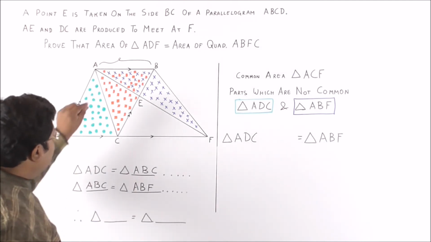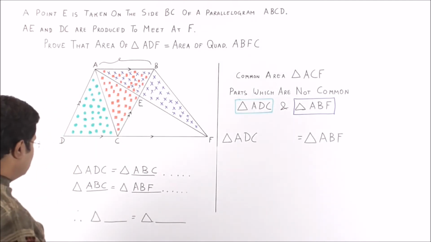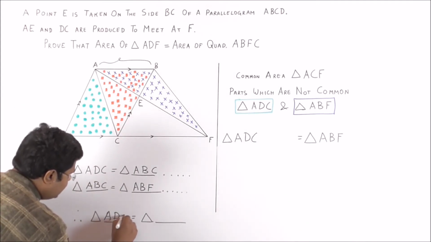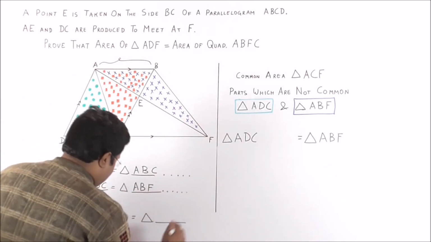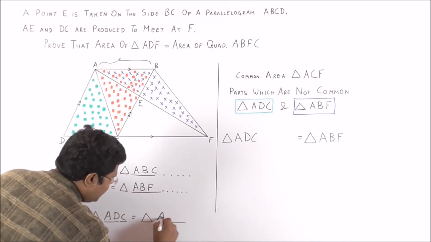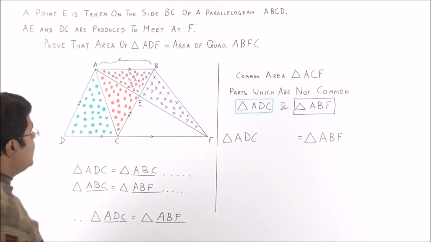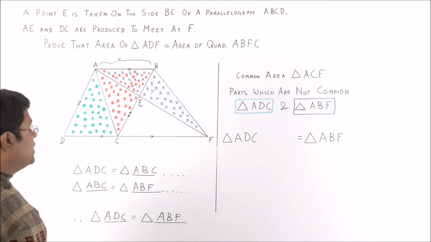Finally, once we had the triangle which was connecting these two, we got the job done. The job done was triangle ADC is equal in area to triangle ABF. That's exactly what we have written here. ADC is equal to triangle ABF.